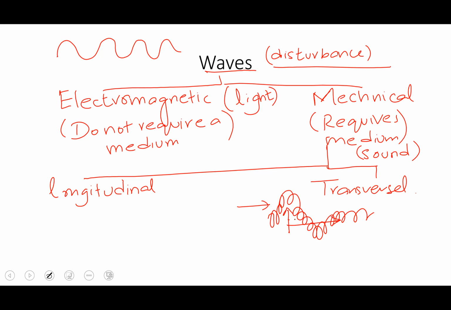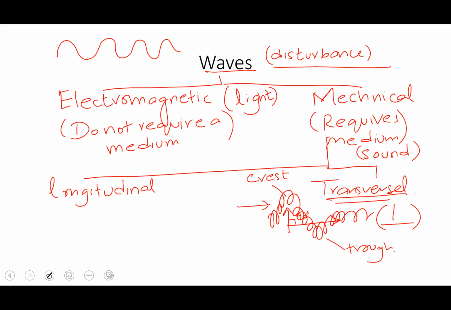So they make an angle of 90 degrees, or are perpendicular to each other. Such a wave, in which the particles' movement and the wave motion are perpendicular to each other, is known as a transverse wave, where the upper part is known as the crest and the lower part of the wave is known as the trough.